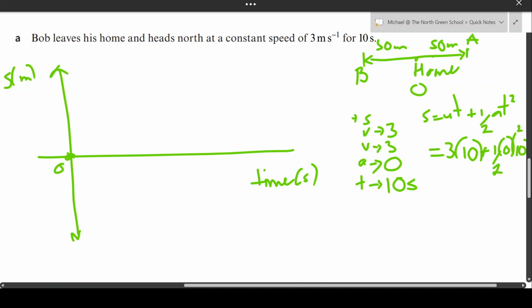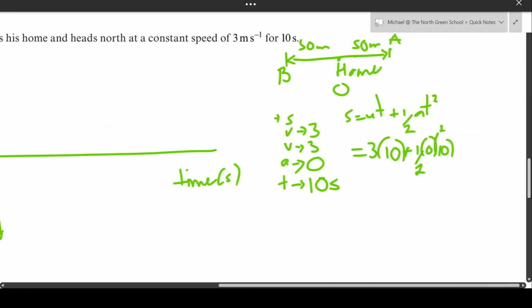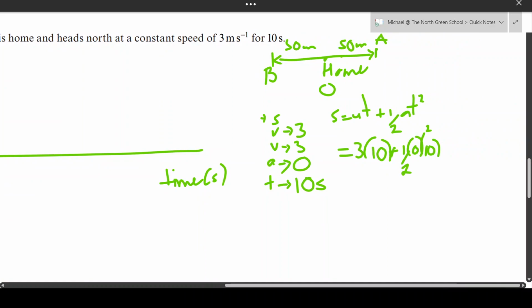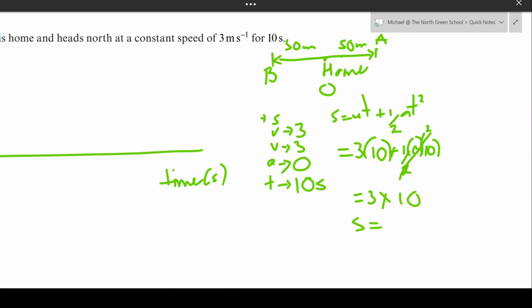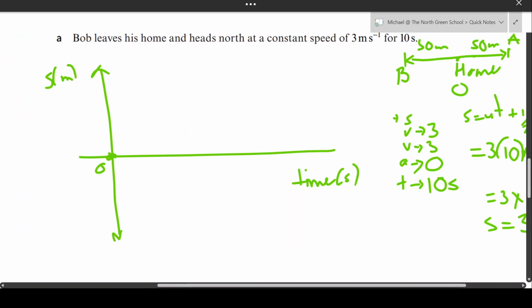Now if you've got a half times 0 times 10, what would that give you? That would give you a 0, so you can just cancel that whole thing out and just remain with displacement is 3 times 10. So displacement is equal to 30, to be 30 meters if we put in the units. And so now that we have the units, we can go back to our graph and sketch it.